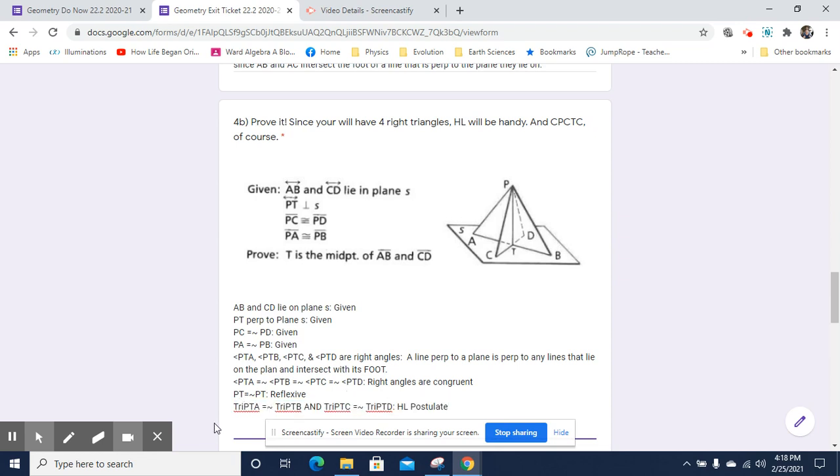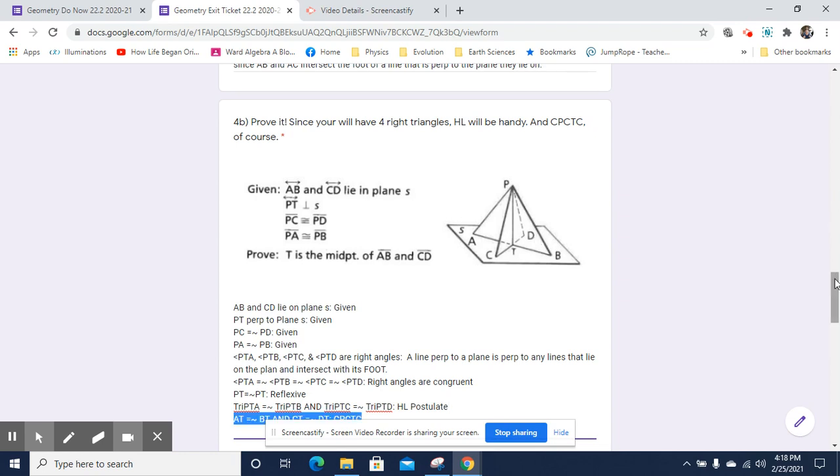But because of that, we can prove that triangle PTA and PTB are congruent and PTC and PTD are congruent, all by the hypotenuse-leg postulate. PT is congruent to itself, and these two sides are congruent. Again, PT is congruent to itself, and PC and PD are congruent. So hypotenuse-leg comes into play.